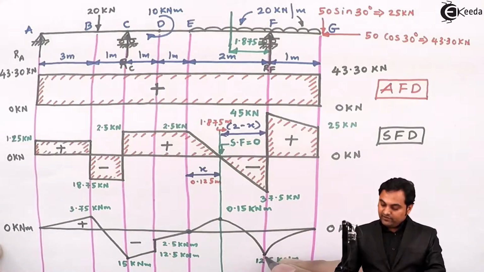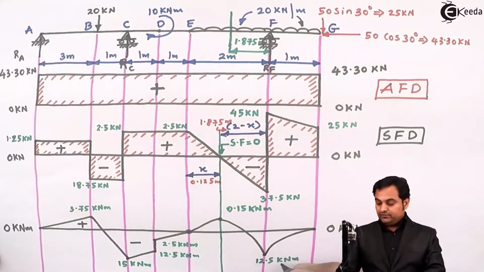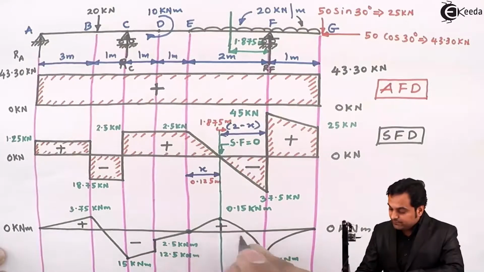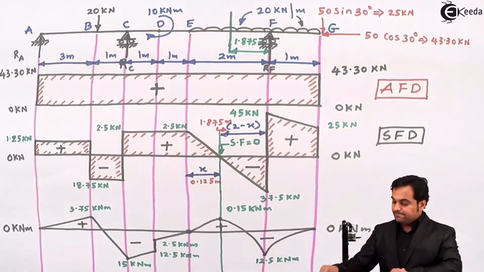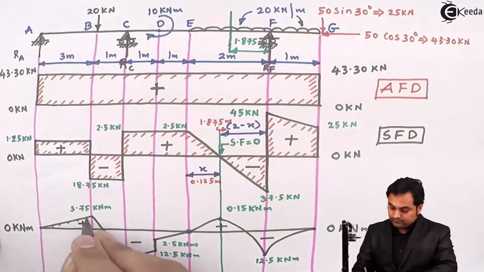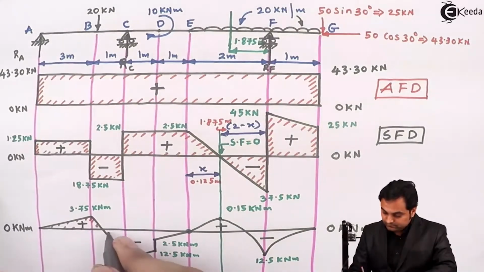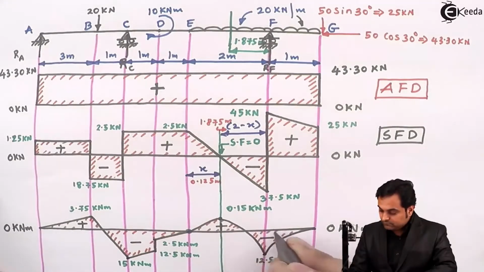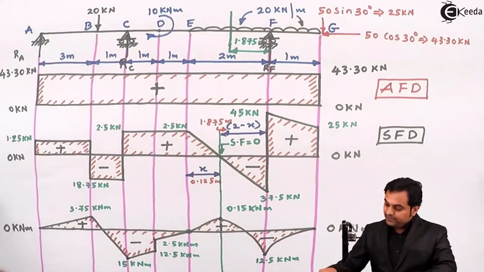Otherwise, if I am drawing it in this way, there can even be a point where the value will be maximum, that is greater than 12.5. So I have to show it in this way, and here this is positive and here it is negative. So this is the bending moment diagram.